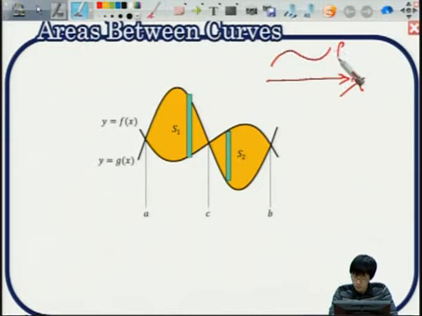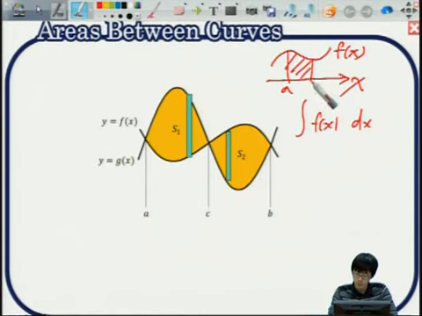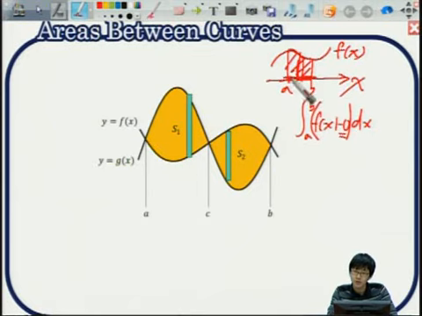So if f was like this, then the area here was the integral of f(x) dx from a to b, right? But here, minus 0 was implicitly inside, because you have to subtract this. This was the height, right? But this was just a flat line, so we didn't consider this.